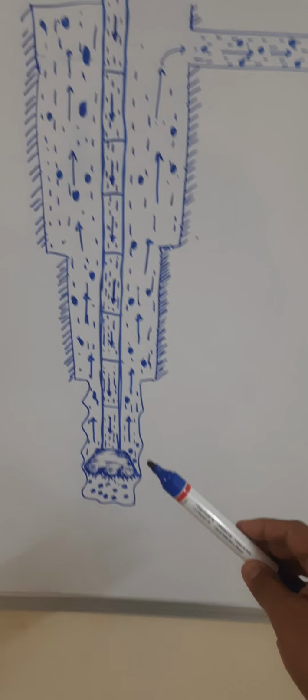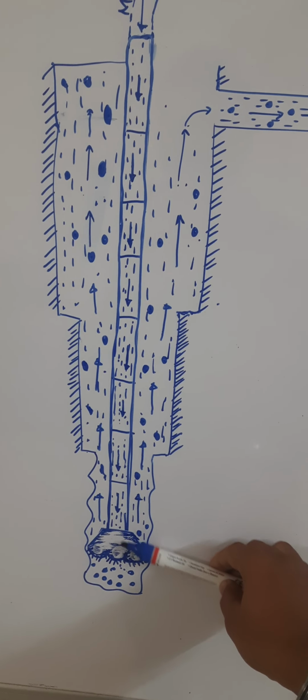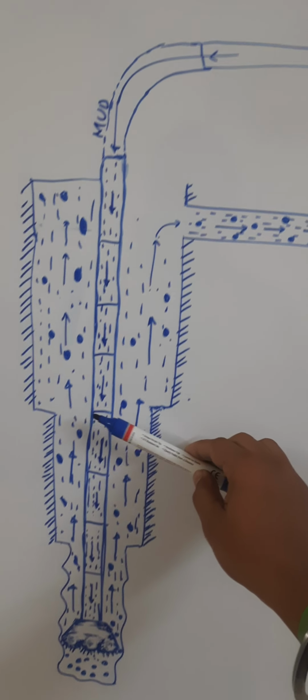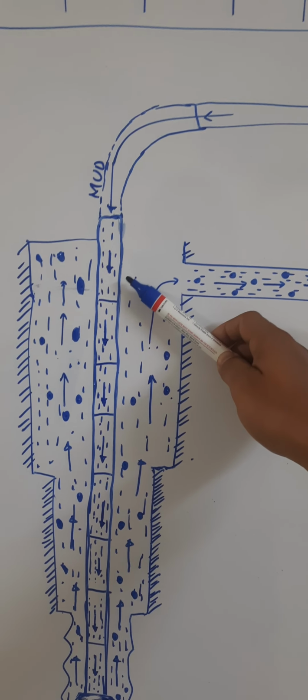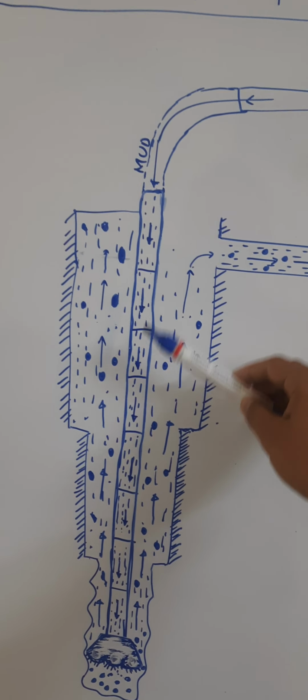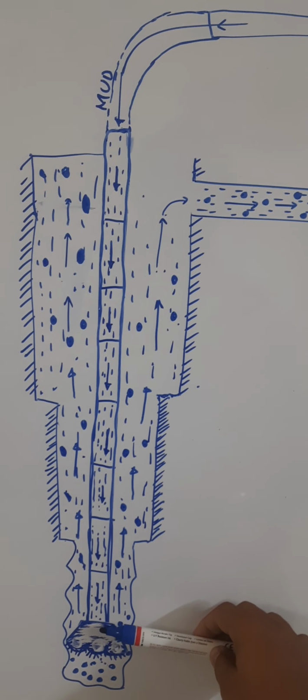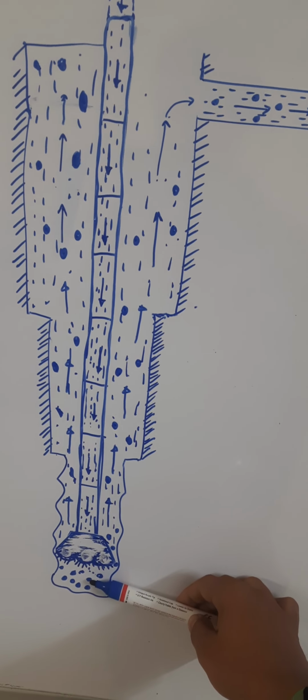In the third phase, the bit is here as we discussed earlier, and these are the various pipes connected, in the hundreds. I have shown only a few, and this bit is rotating due to some rotary mechanism, and these are the cuttings.